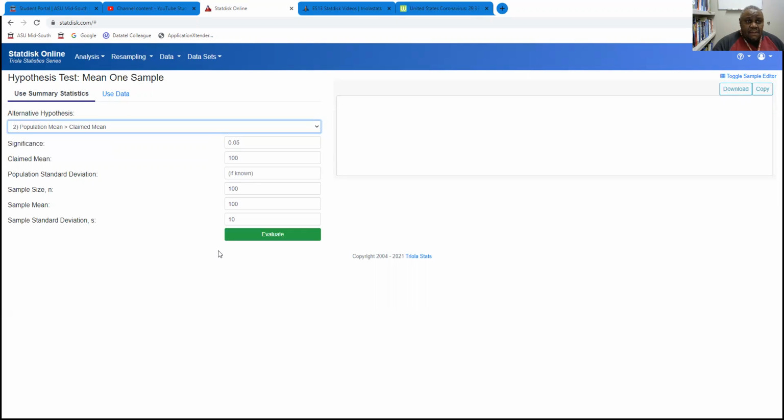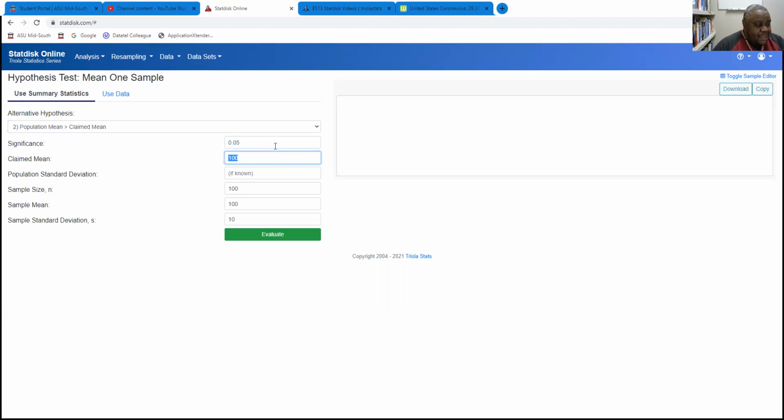Okay, and then for the significance level, we're using a 0.05. They give you that already as a default significance level, so we don't need to change that. But if it's 0.01, you need to change it to 0.01. Or if it's 0.10, you need to change it to 0.10. Whatever they give you, that's the significance level you need to use here.